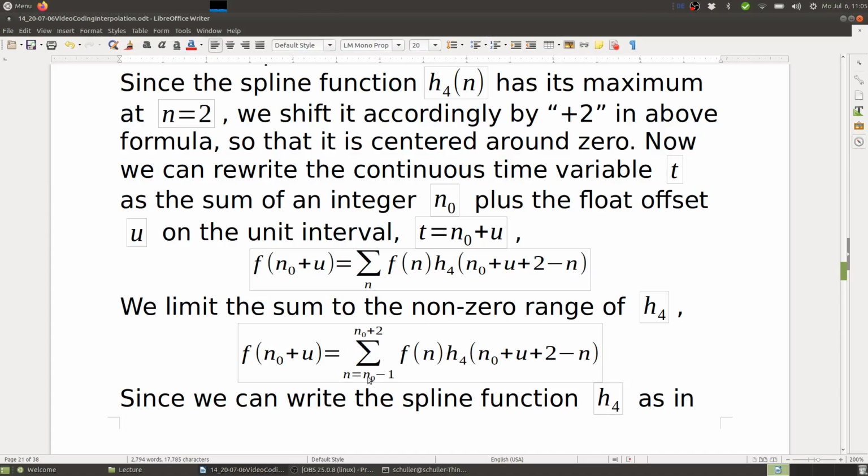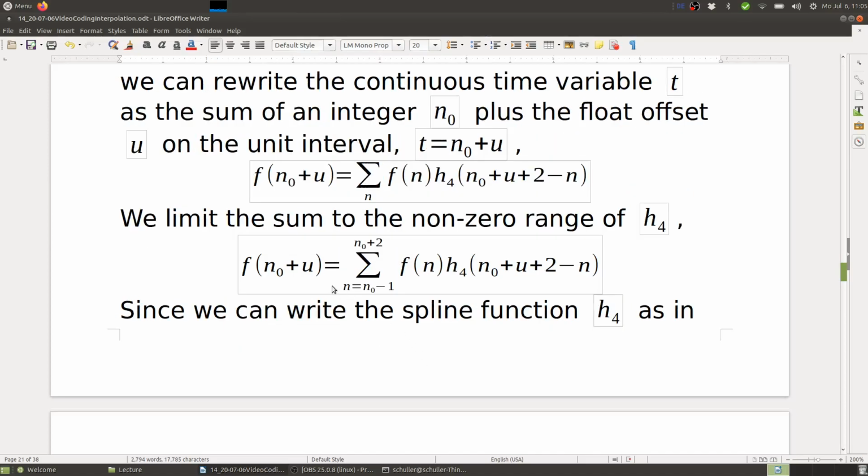So this is basically going over the non-zero summands of this sum. That's why we can limit it here. And now we can do a very general interpolation. So we can take some pixel position n naught, say 1, and if you want to have the value at say position 1.2, then this u would be 0.2.